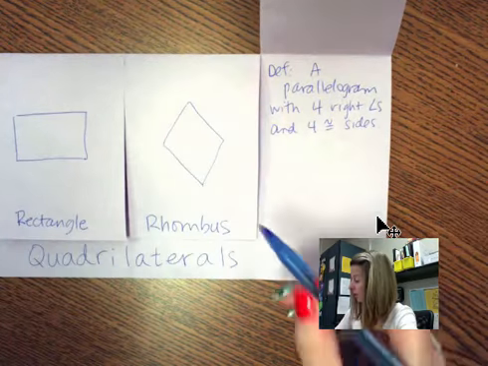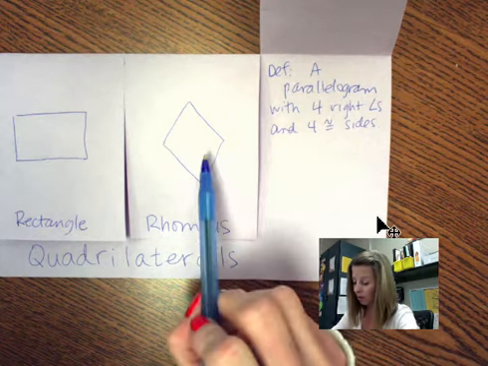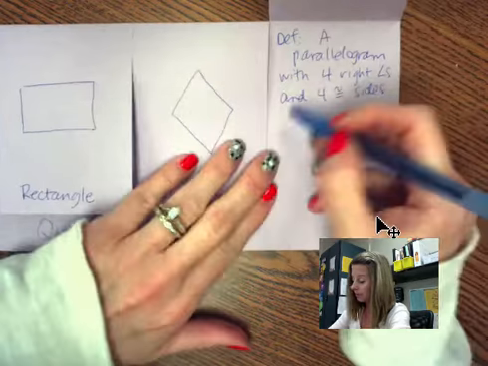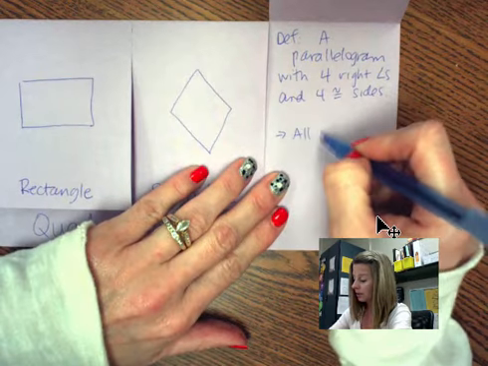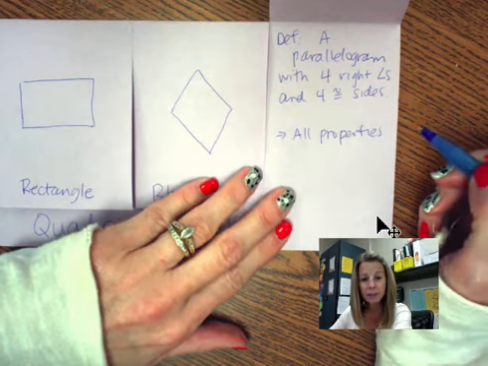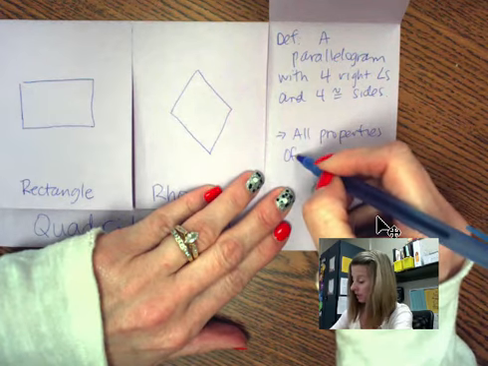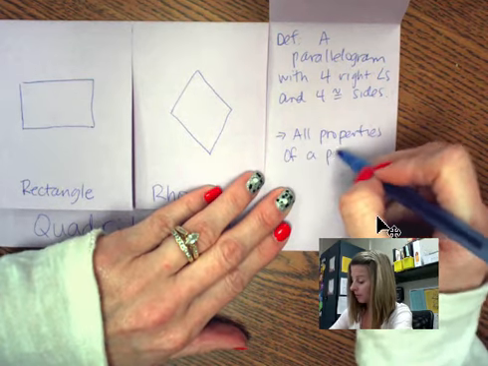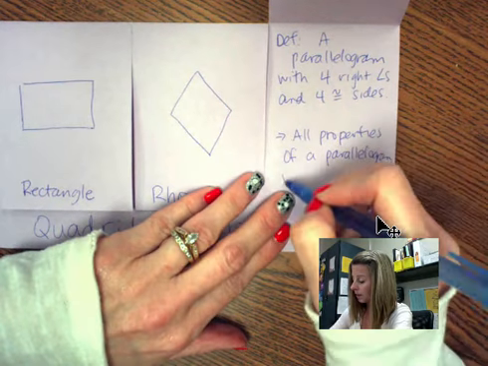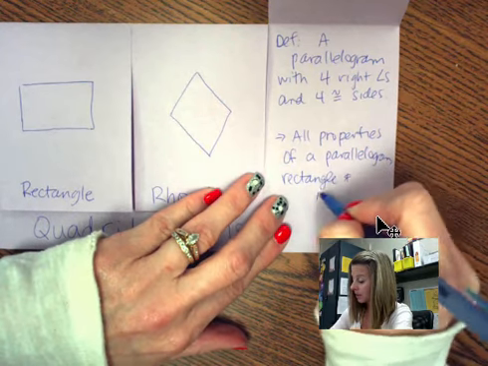Okay, and so really we don't have anything new to add because all squares have all of these properties we've written on the entire foldable. So I'm going to write here all properties of a parallelogram, rectangle, and rhombus.